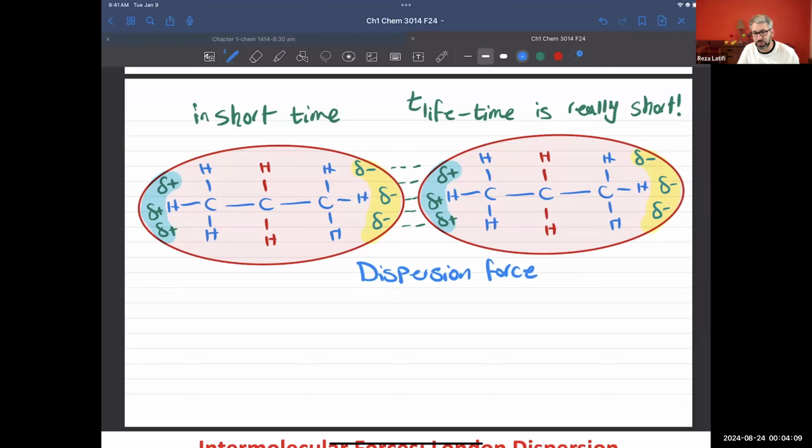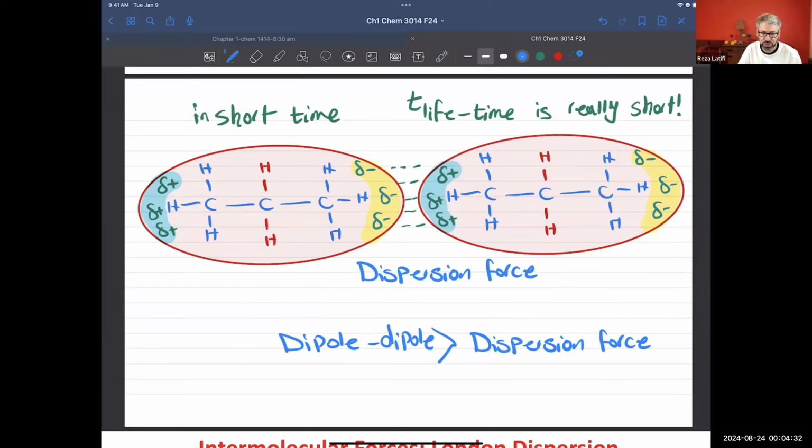Why is it different and why is it weaker? Because of the lifetime. So I'm going to say the dispersion force will be the weakest force. It's weaker than dipole, and the reason for it is just the lifetime. The lifetime is really short, while the dipole is permanent, and the strongest one will be the hydrogen bonding.